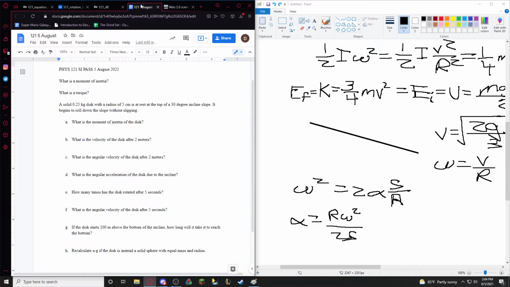73 for the... Oh, that's the velocity. 73 radians per second is the angular velocity. I squared that, and then multiplied it by the 5 centimeters, so 0.05 meters.